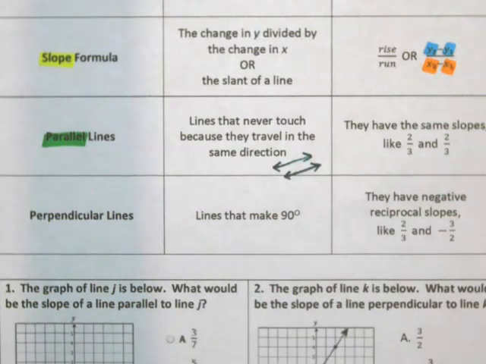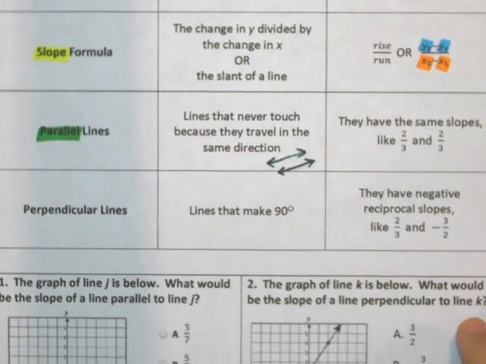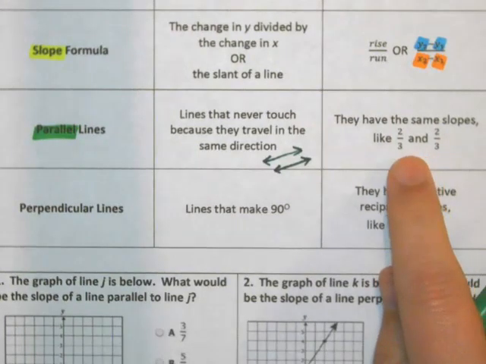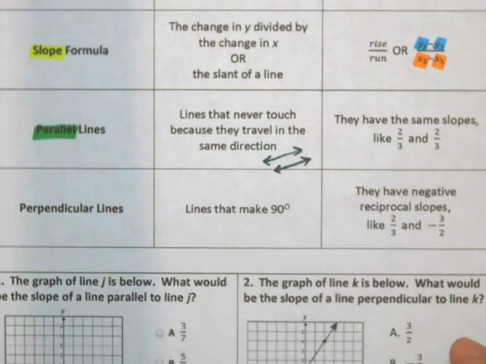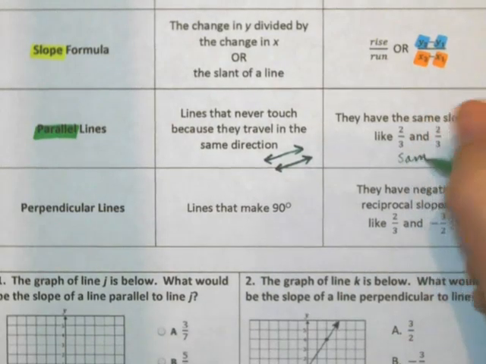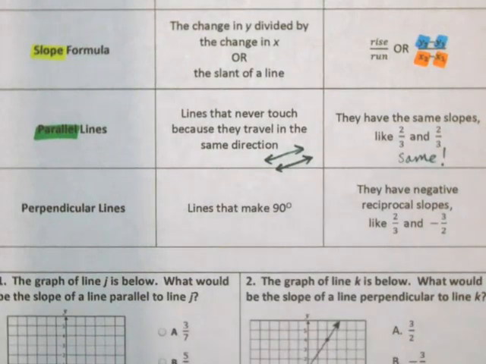They're traveling in the same direction. They're parallel. And what I really want you guys to know about parallel lines is that they have the same slopes, like 2/3 and 2/3. Both of those lines could have the slope 2/3. If they're parallel, their slopes will be the same.